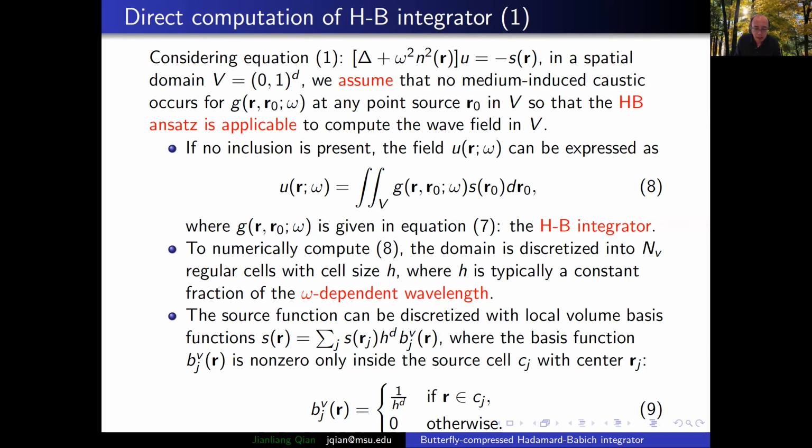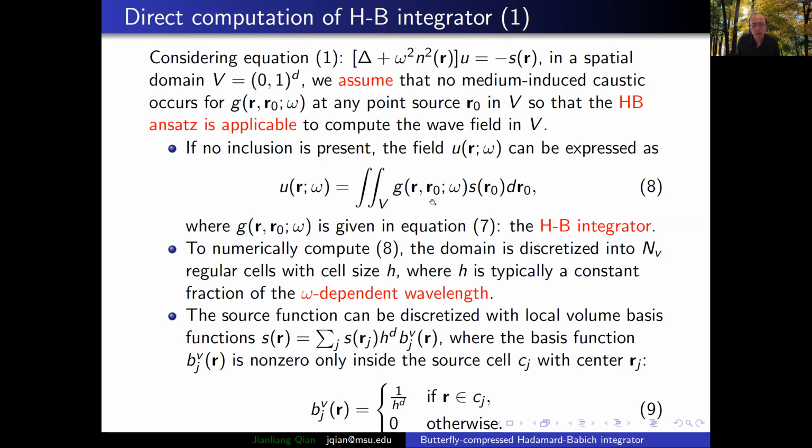That means any 2 points in that domain have a unique geodesic connecting them. In our computation of the ansatz, this means no caustic occurs for this Green's function at any point source r0 in this domain, so the ansatz is applicable to compute wave fields in this entire domain.